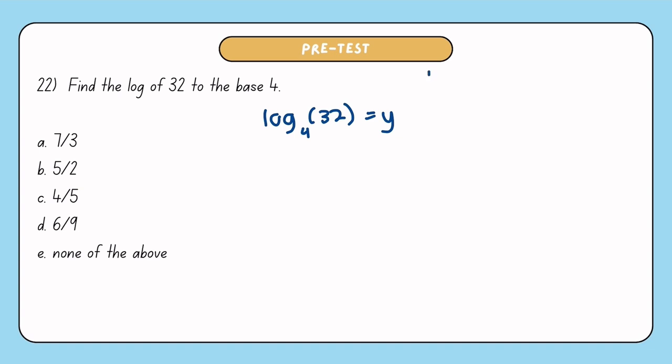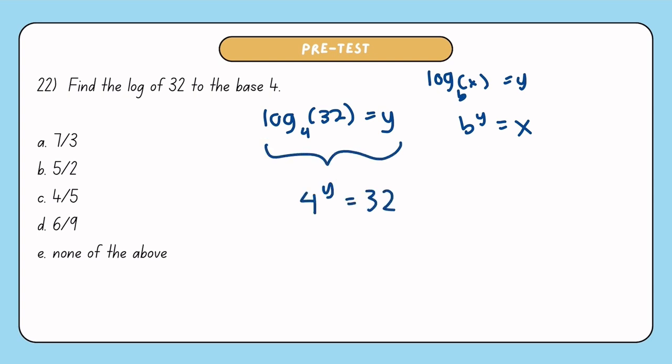Kasi kapag sinulat natin yung log x base b equals y, equivalent yan sa b raised to y equals x. So, 4 raised to y equals 32. Ngayon, kailangan na lang natin yung value of y para kapag ni-raise mo yung 4 to y, magiging 32 siya.